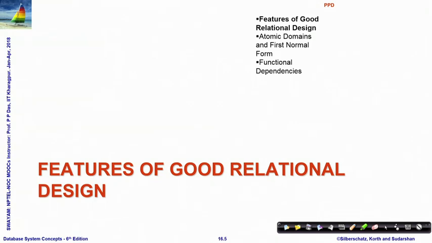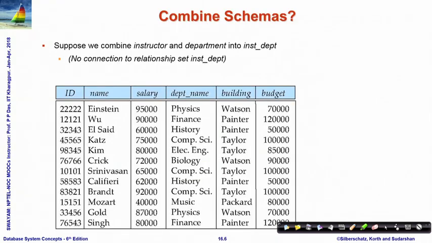So, to start with the features of good relational design, let us take an example. Suppose we have seen the instructor entity set as a relation, and we have seen the department relation. Now, let us consider that these were not two separate relations, but all the attributes were kept in a common relation.